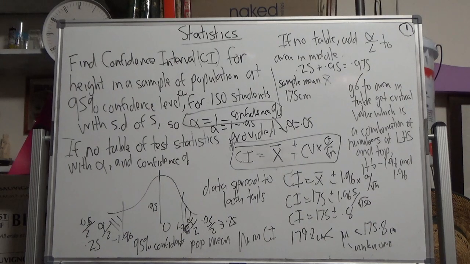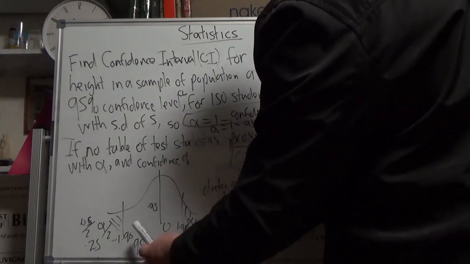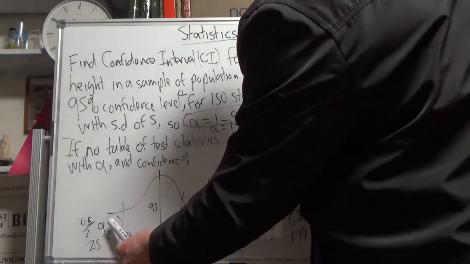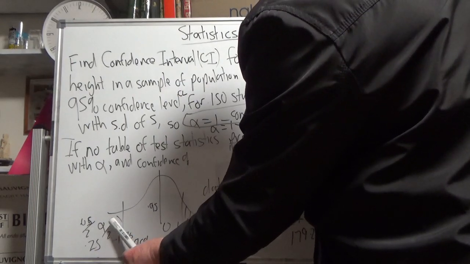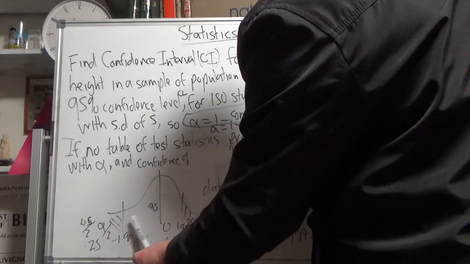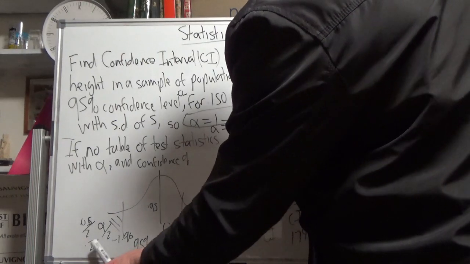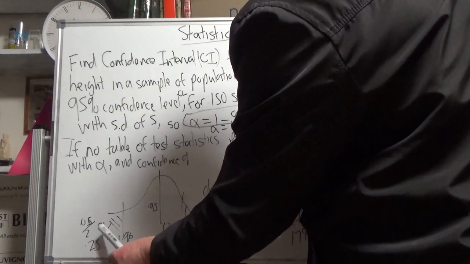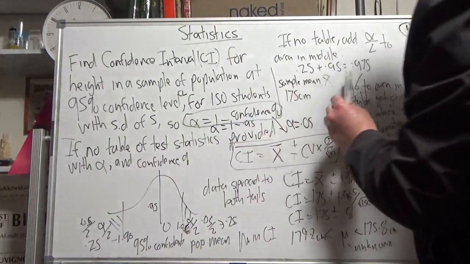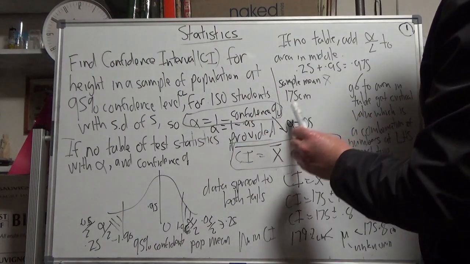Now, if you're not provided with a table for that 1.96 critical value, I'll tell you how you get it. First of all, this Z distribution is cumulative, so you add up the left tail and the middle area, which is 0.025 plus 0.95. The level of significance alpha equals 0.05.